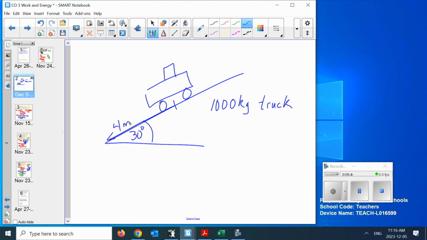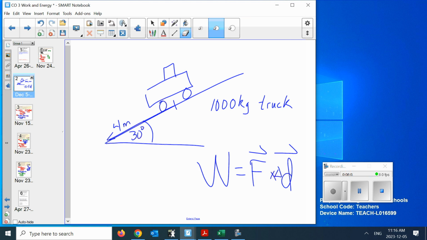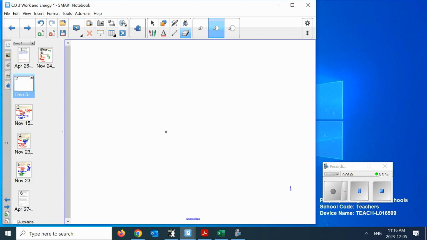Not the work. I said work. Is there any displacement? So, no work being done, first of all. Then I say that the displacement has to be in the same direction as the force.